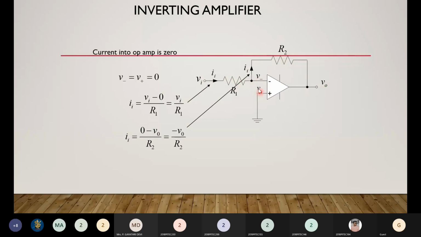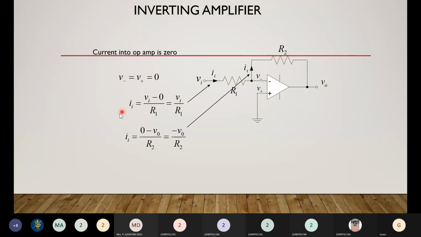It means the potential at the inverting terminal and the potential at the non-inverting terminal are both the same. If you see, the non-inverting terminal is grounded here, and therefore the voltage at this point is 0. So the op amp will try to make the voltage at this point also 0. That is why we have considered 0 here.